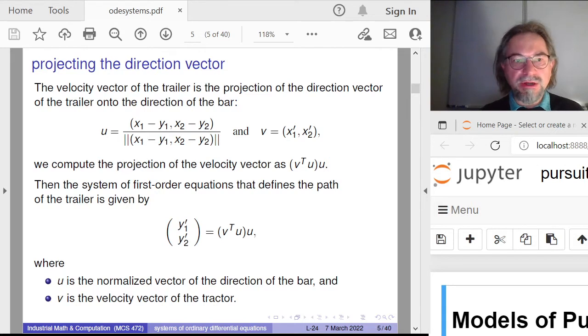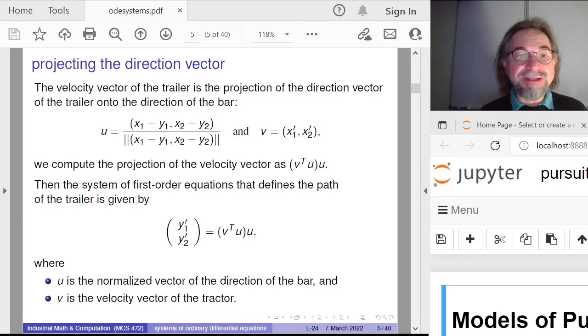We normalize the direction vector first, so this would be when the trailer is indifferent to the change of velocity of the tractor, but that would then mean that the bar or the connection between tractor and trailer is not fixed, is not rigid. So we have to compute the projection, we have to take into account the velocity of the tractor, here denoted by x1 prime, x2 prime.